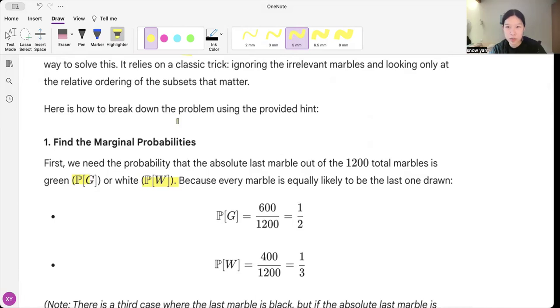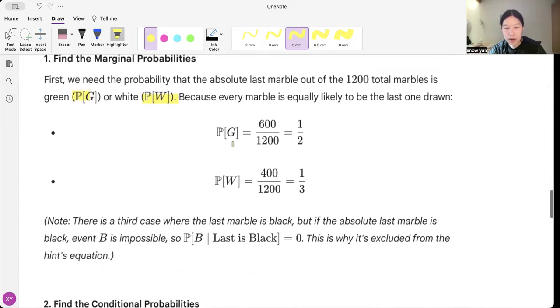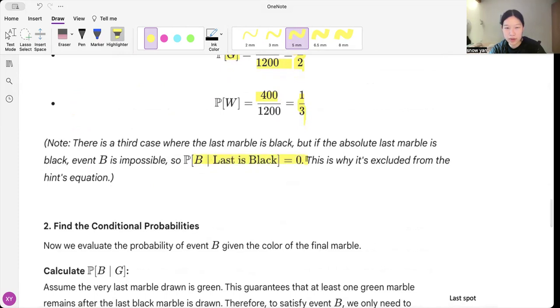If the last marble is black, there's no way we satisfy the criteria, because there's nothing remaining, so it has to be either green or white. The probability of a green at the end is 600 over 1,200, which is one half, and the probability of white is 400 over 1,200, which is one third. Black is excluded because it's not possible.